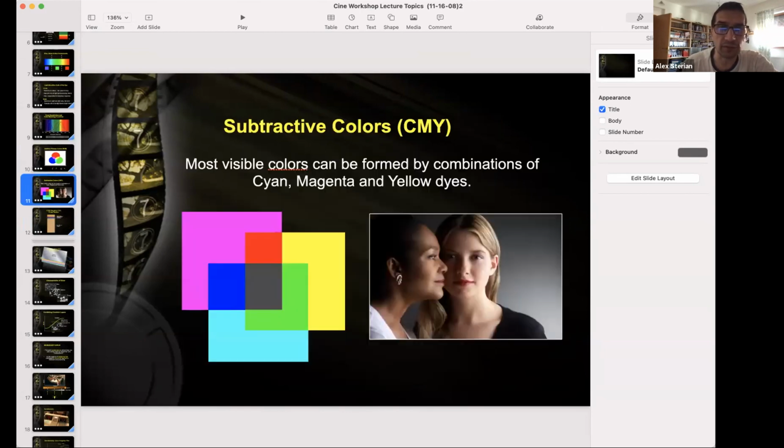Nowadays, because digital technology is all over, the subtractive colors are still in a way working when shooting on color negative film, but otherwise all the colors produced now as a picture or a moving picture are produced in the additive system.